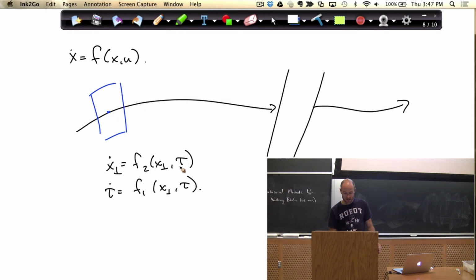If I linearize the control system, I've got a U here now too. Okay? I can approximate this as a time-varying linear control system.